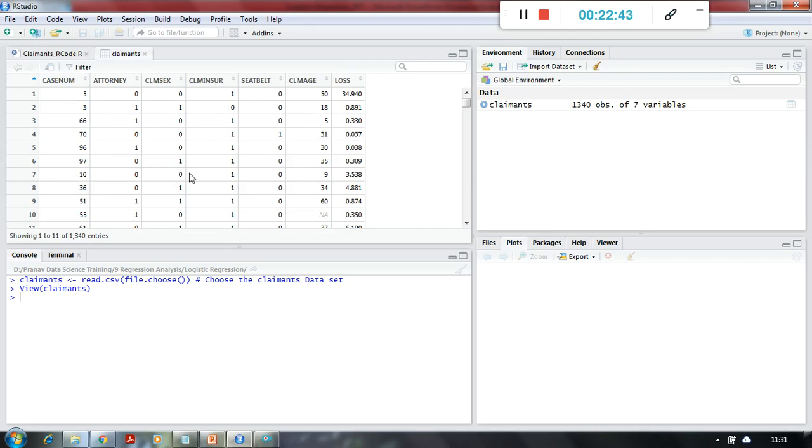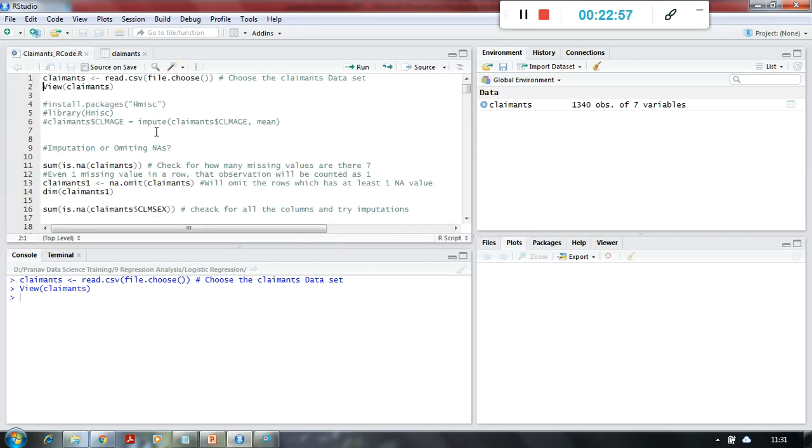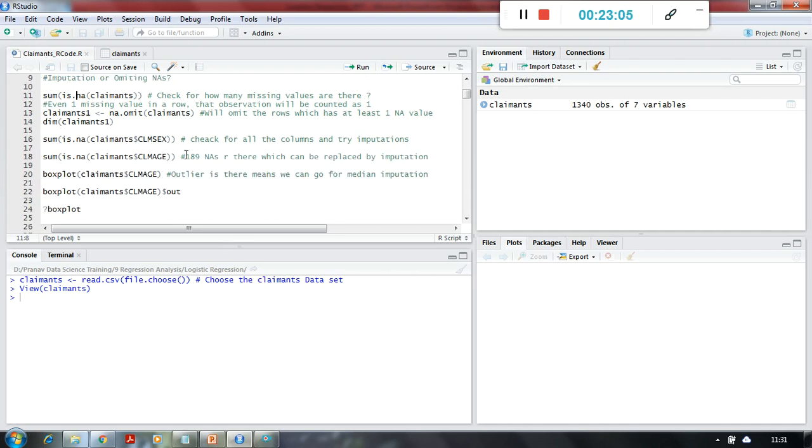So all the values are in numerical format, but at times some data types need to be checked, because there are various data types available in R and even in Python. So let's see first of all how many missing values are there.